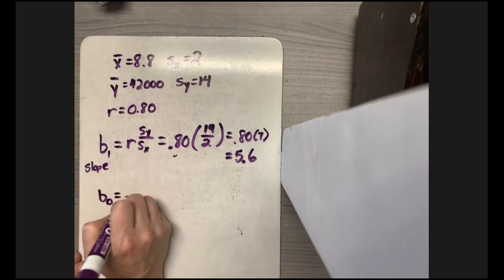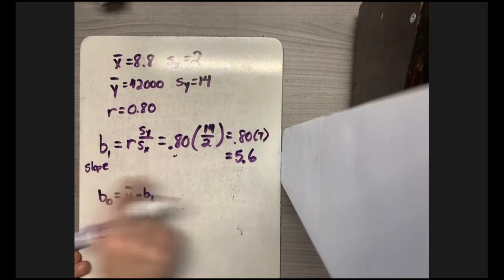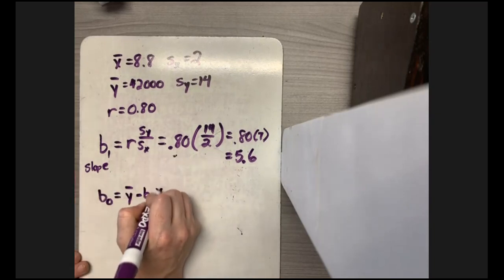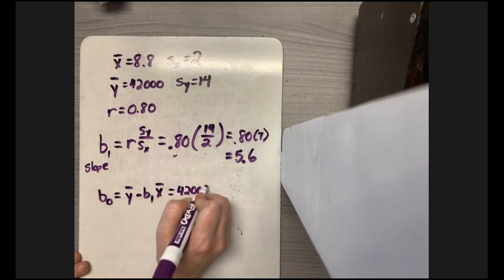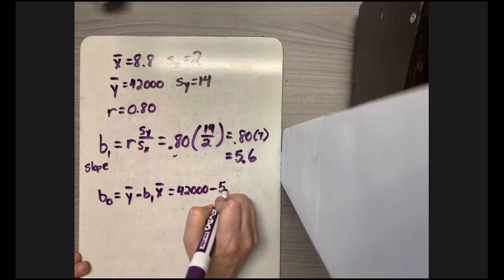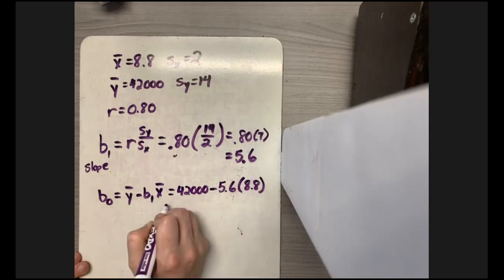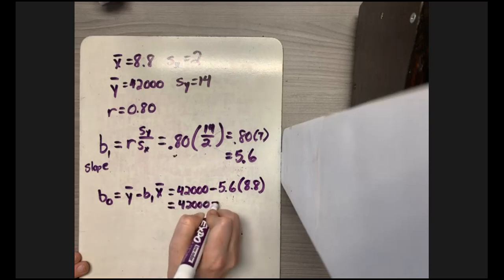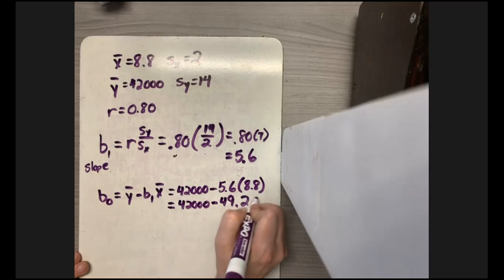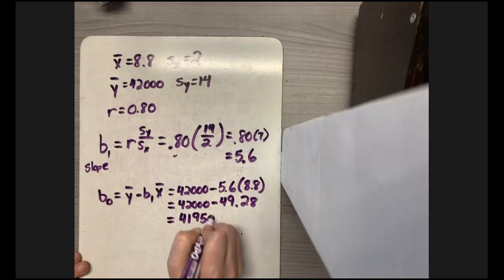B naught was Y bar minus B1, which is the value we just found, times X bar. So this was 42,000 minus 5.6 times 8.8, which was 42,000 minus 49.28, which was 41,950.72.